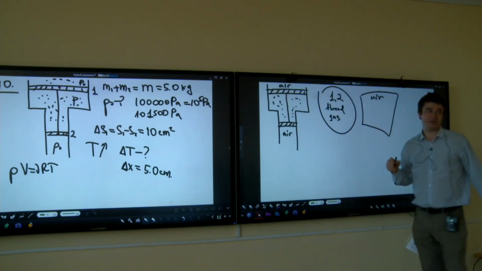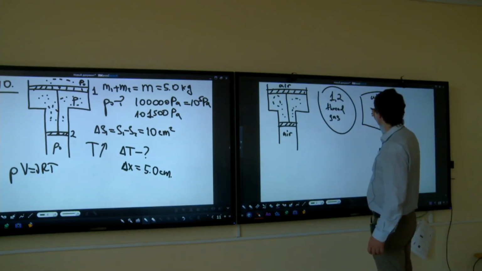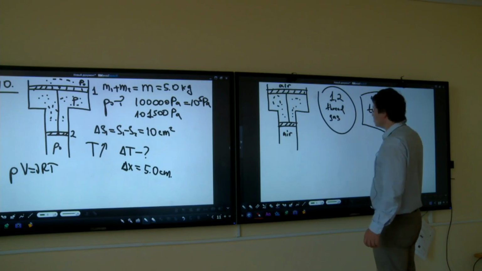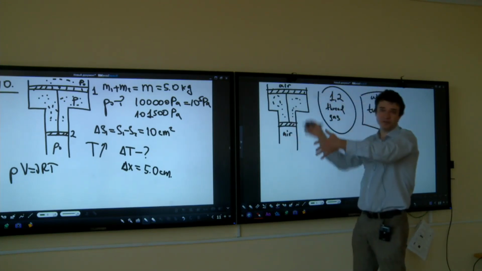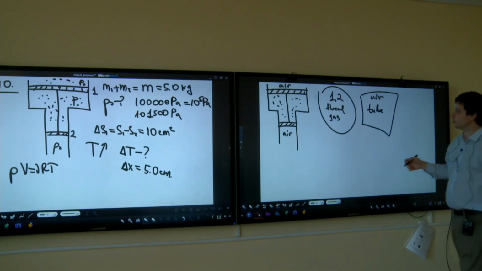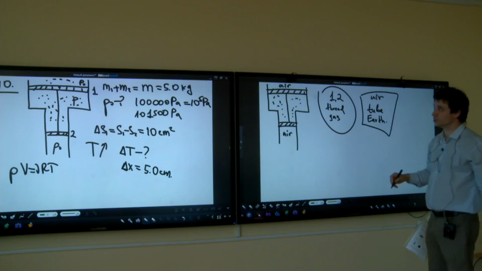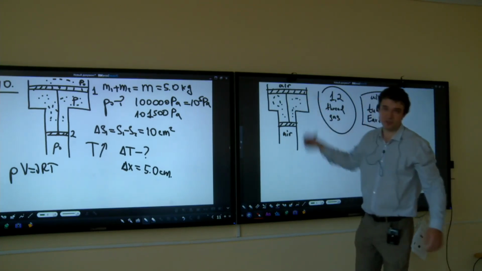That's environment. And also the environment is tube. So this tube is an environment which interacts with our system because it's in a close contact with it. And also Earth, which produces the gravitational force, which acts on both of these pistons.